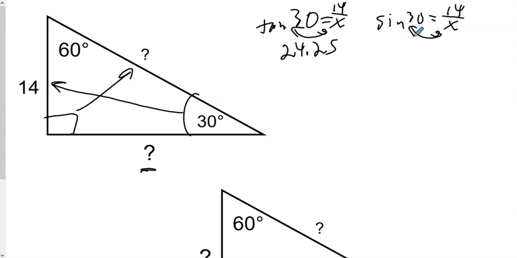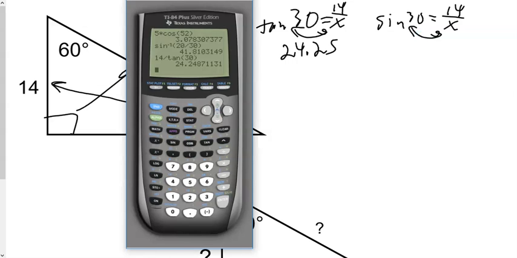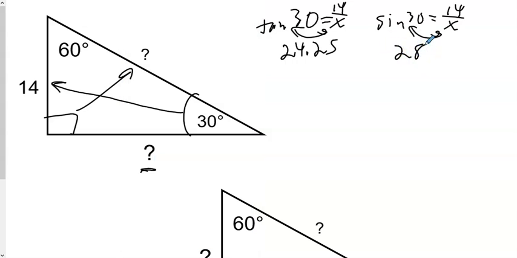Okay? So we're just going to do on our calculator again, switch them. 14 divided by sine of 30 this time. 28. Which is bigger than 14 and 24.25, so that makes sense.